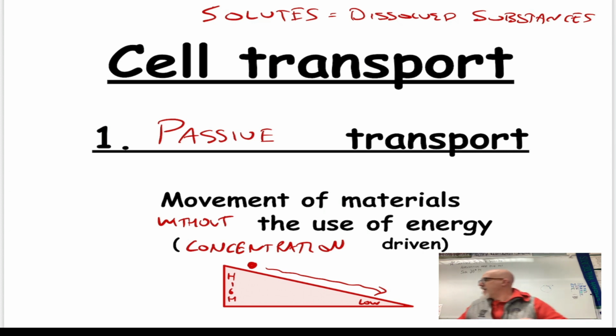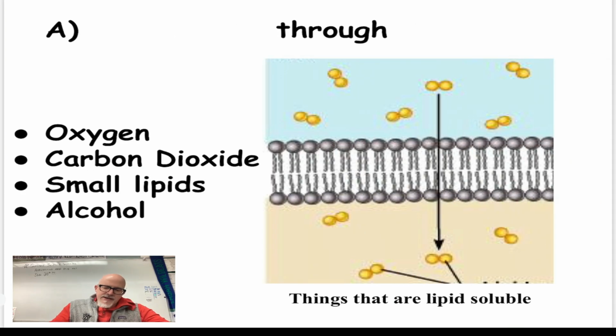Remember when I sprayed my spray in class? Smells actually pretty good, but highly concentrated to low concentration, that is passive transport. Now there are variations of it. On the next slide, this is the most simple.